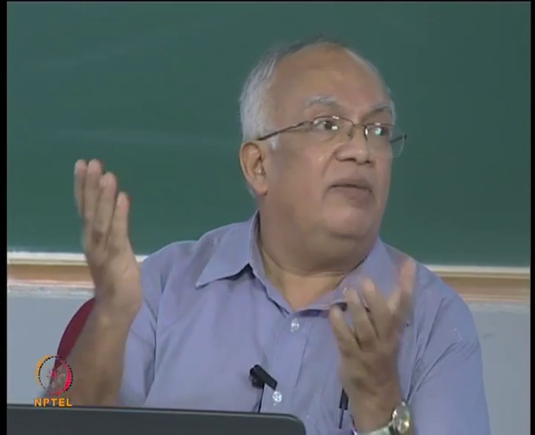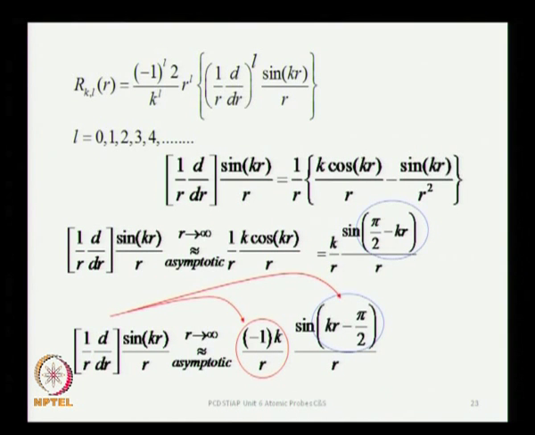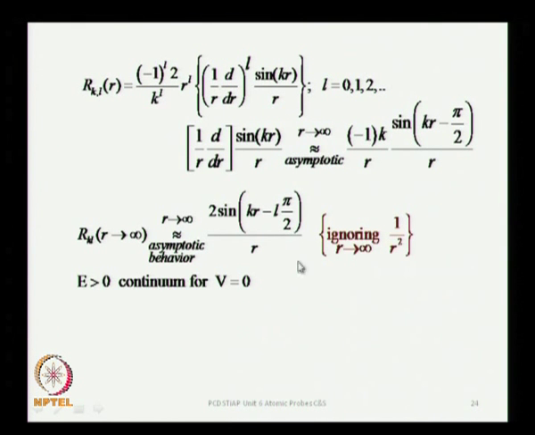And to get the Lth solution you have to do this L times, right. So every time you do this the phase will keep dropping by pi by 2. So your angle over here will be kr minus L pi by 2.